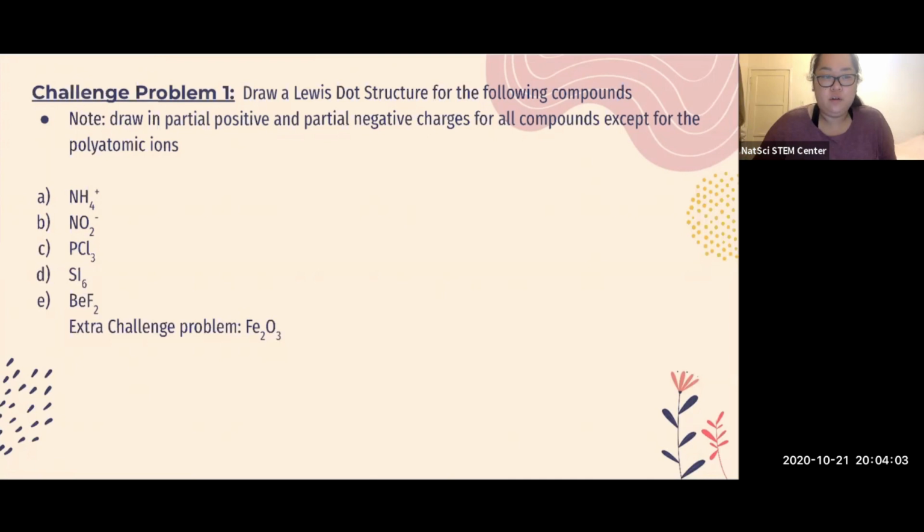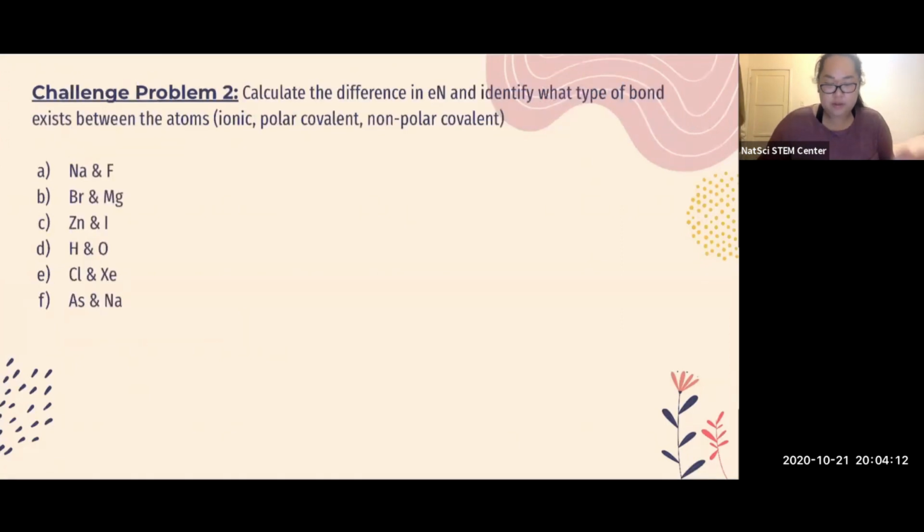You guys don't have to worry about that one. This is challenge problem 1. Challenge problem 2 is calculating the differences in electronegativity and identifying what type of bond exists between the atoms. So identify ionic, polar covalent, or non-polar covalent.